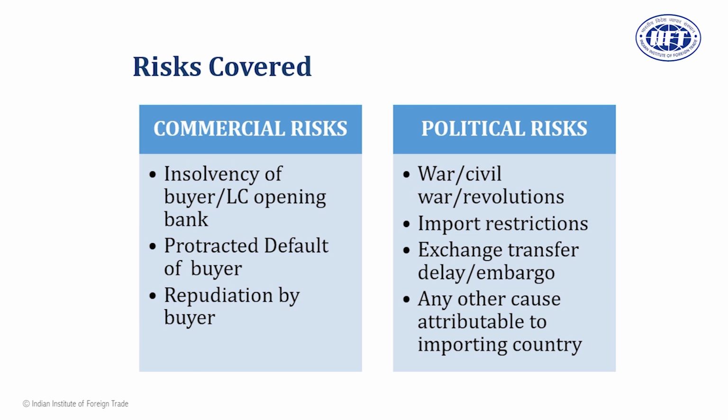That simply means that ECGC is providing us cover for both exporters as well as banks. It is an agency, an organization which is covering risk of payment both for the exporter as well as banks. Coming to political risk.